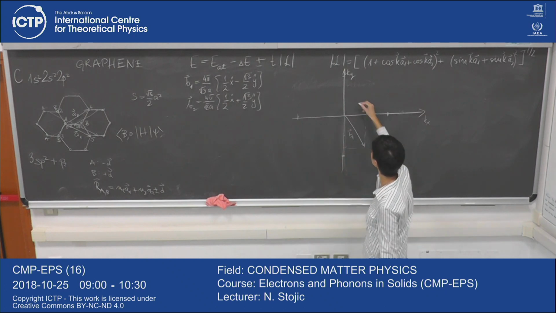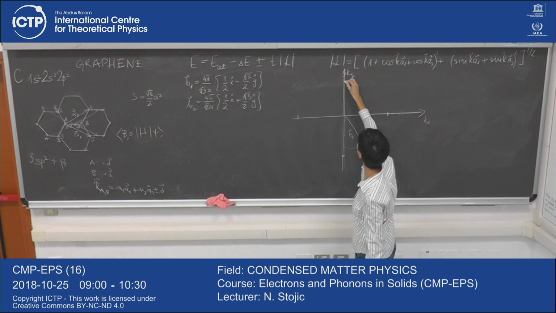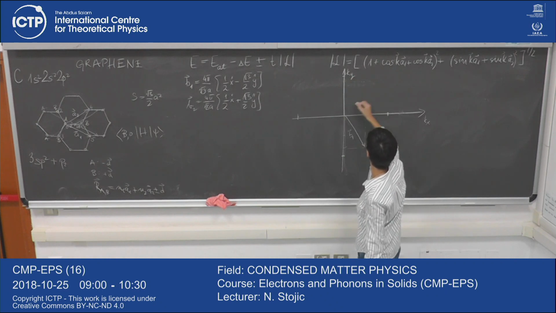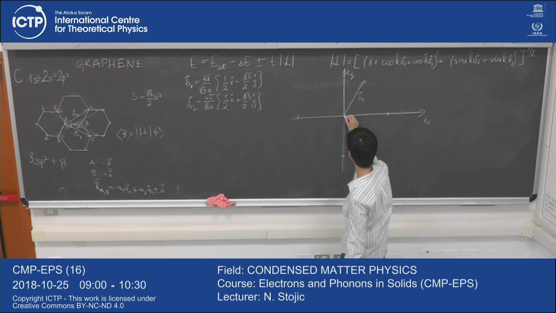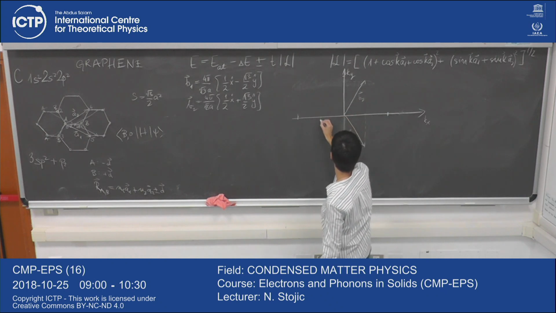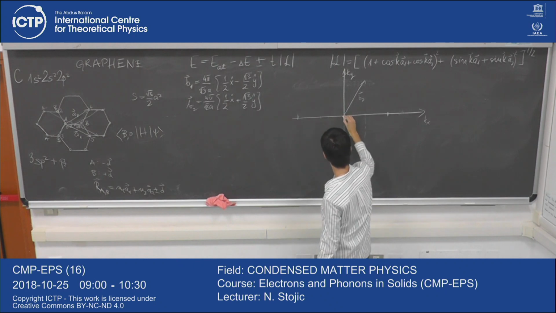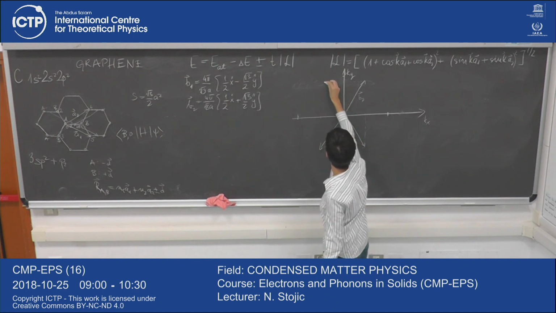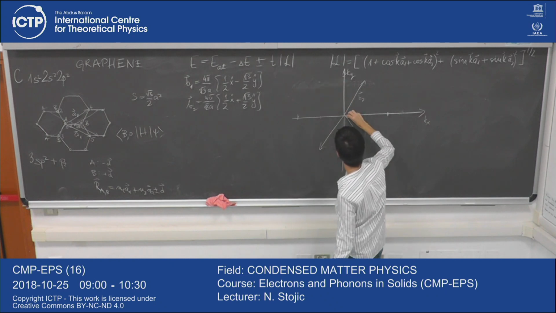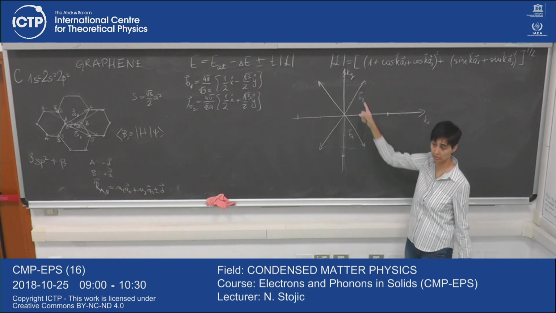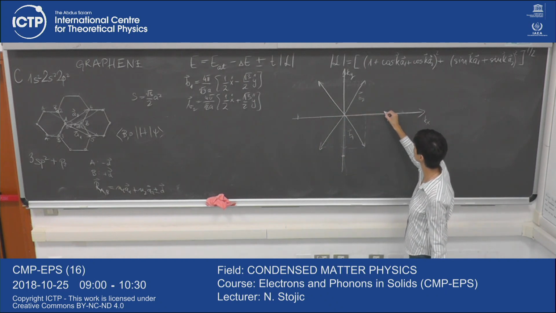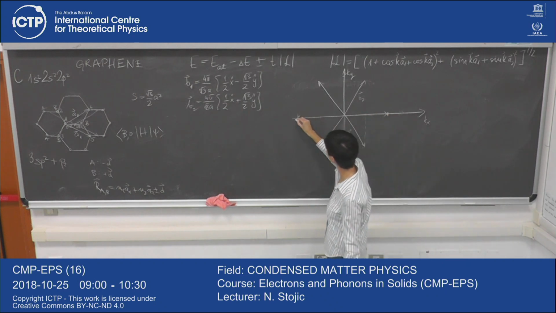B2 is 1/2, and the same up, 1/2 is here, 0.8. This is B2. I also draw in the other direction. Also the sum of these two will go up to here and up to here.